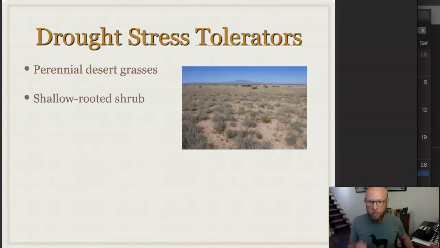Our drought stress tolerators, the two best examples are perennial desert grasses. The grasses that occur in desert ecosystems are generally pretty good stress tolerators. At some point they have to give up as well, but they can grow in pretty dry environments. And then shrubs that are fairly shallow rooted generally have the ability to keep working and photosynthesizing even as their water potentials decrease.